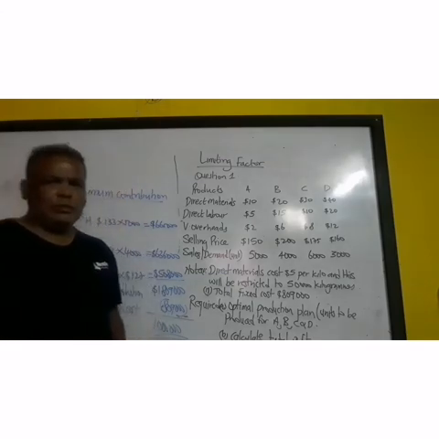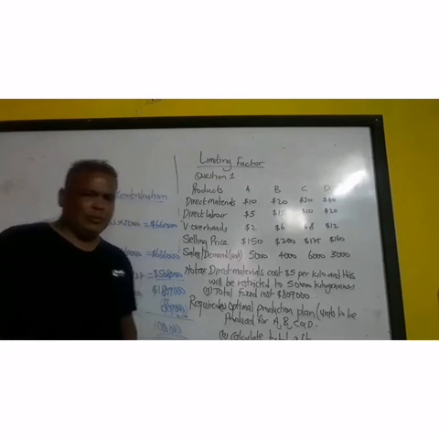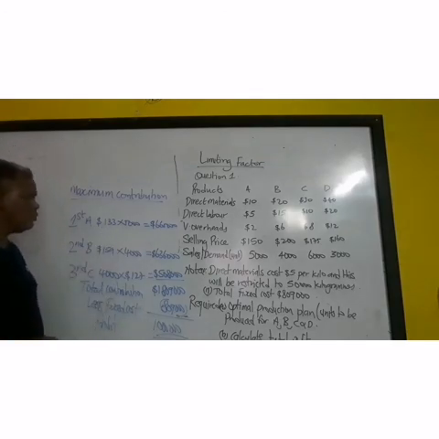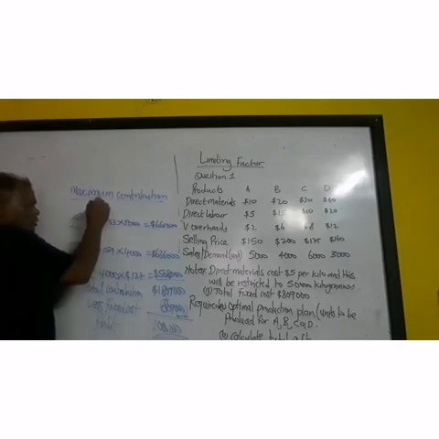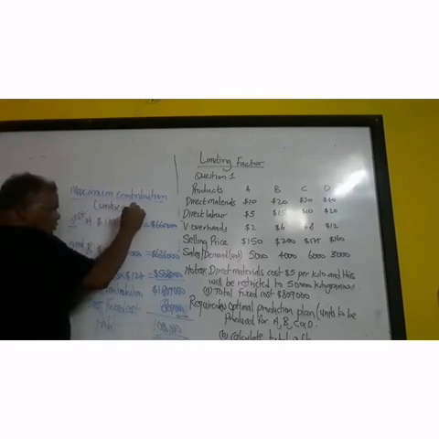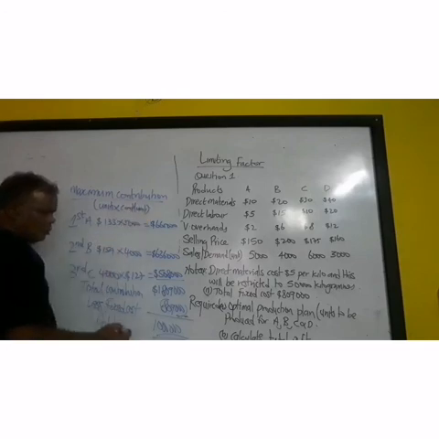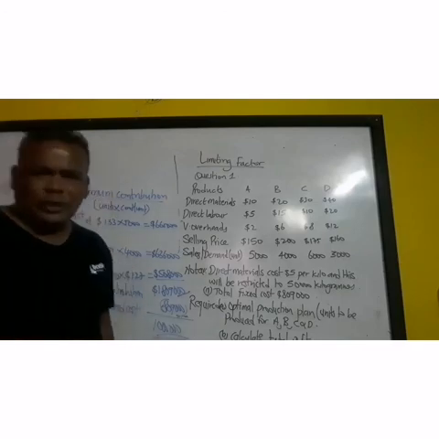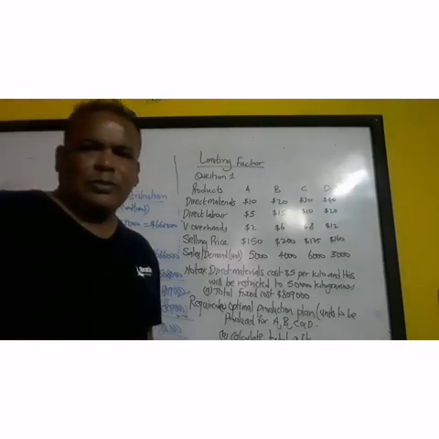In this case, we take units times limiting factor. This will give us how many units we can produce for each product, and then we calculate the maximum contribution, units times contribution per unit. This will give us total contribution. Then less fixed cost, we get total profit. So here we are concerning limiting factor. Thank you very much for your attention.